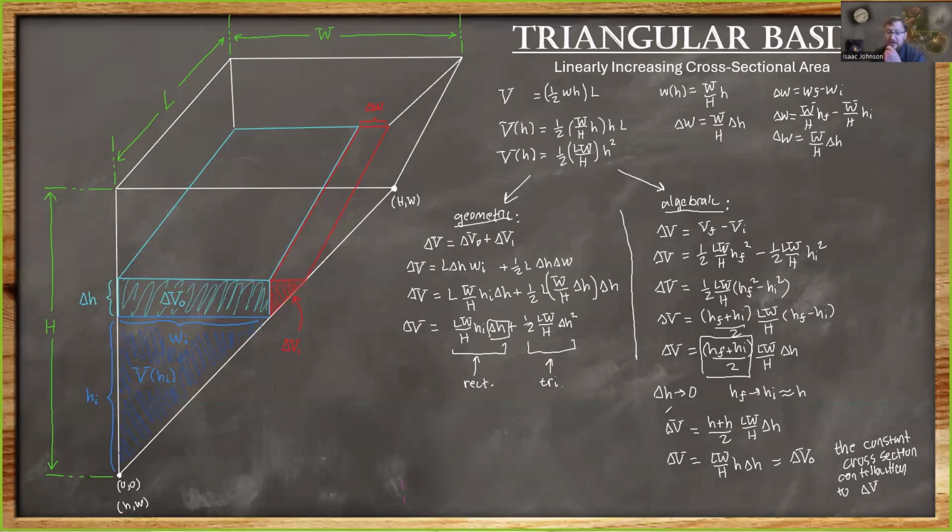So that's really neat because what it's telling us is over small enough intervals, actually at an instant, when you take h initial, h final, and squeeze them together into one point, essentially, the triangle does not matter anymore as long as you squeeze it small enough. And it pops right in with the rectangular form we found geometrically over here.